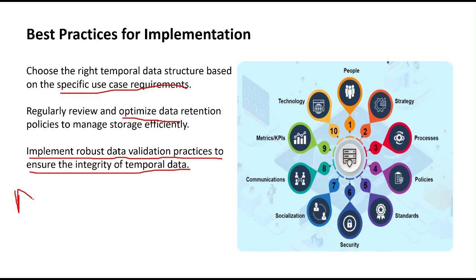For Google Maps, if we use a static data structure, it won't be helpful, so for that particular application we should use the right temporal data structure, and we should be regularly reviewing. And if there are any bugs, we need to rectify them as quickly as possible.